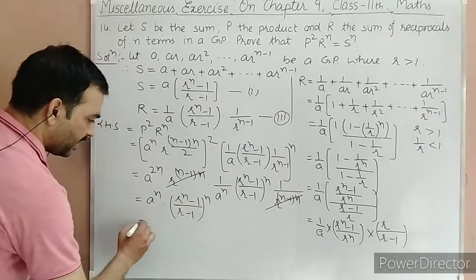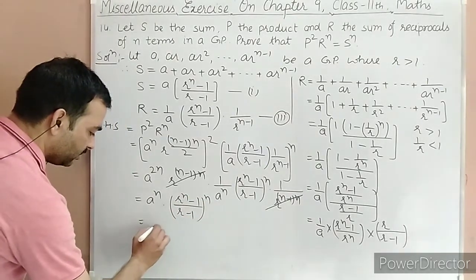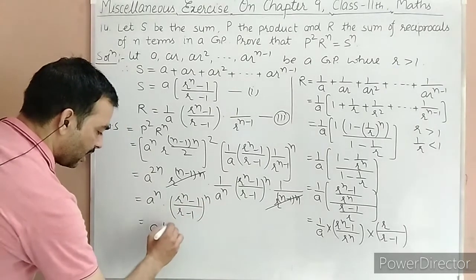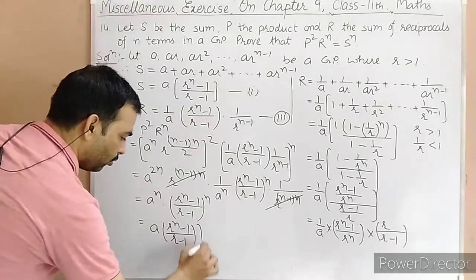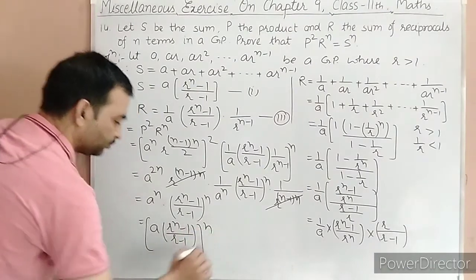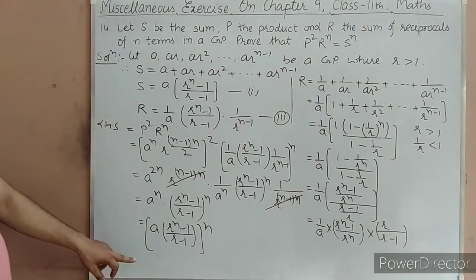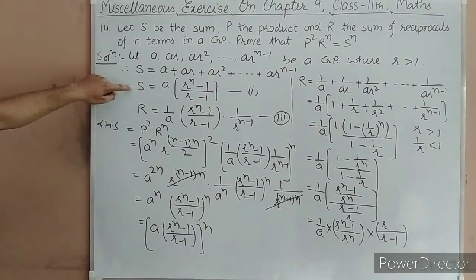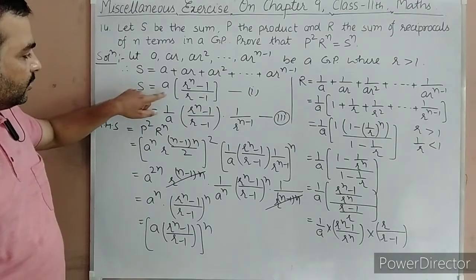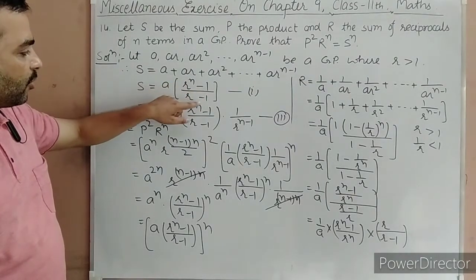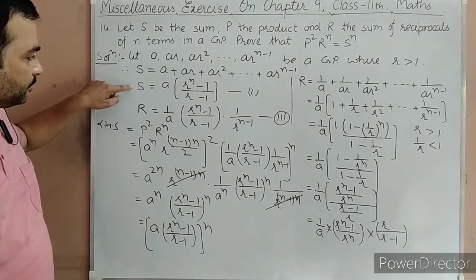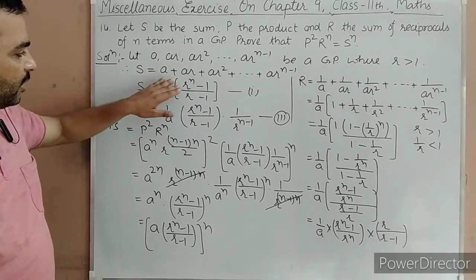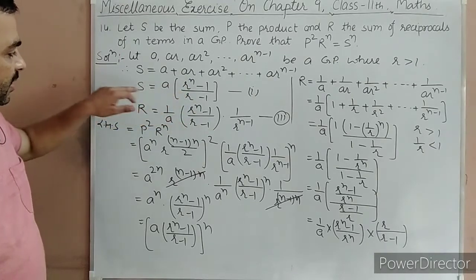I can write it all as a into r power n minus 1 divided by r minus 1 whole power n. And from the first you can see that a into r power n minus 1 upon r minus 1 is s. So I can put s instead of a into r power n minus 1 upon r minus 1.